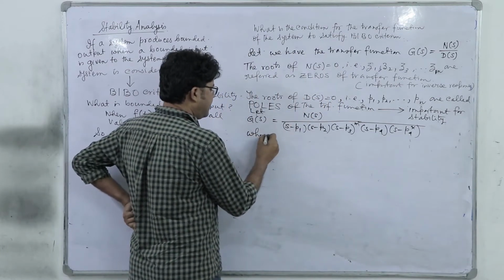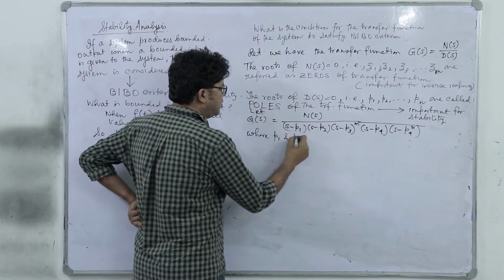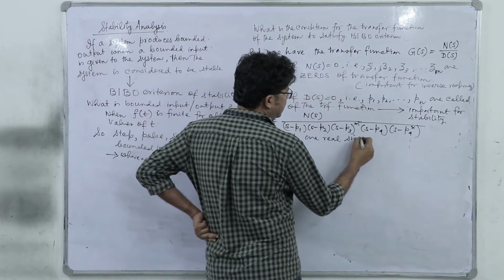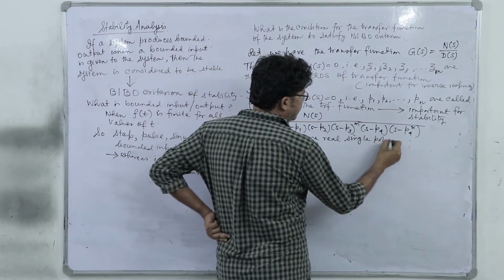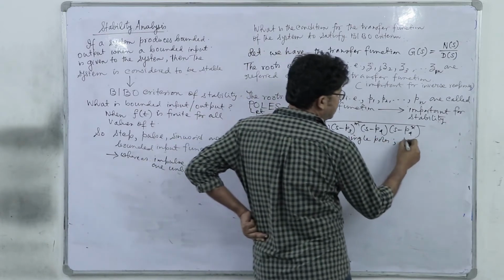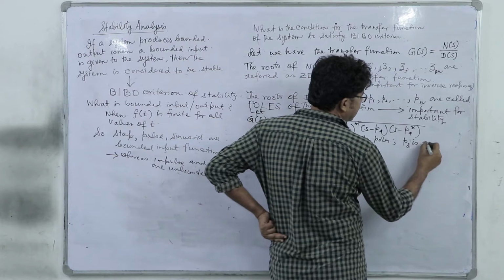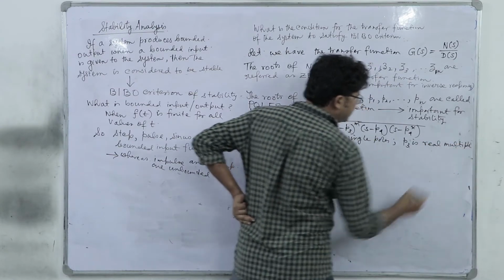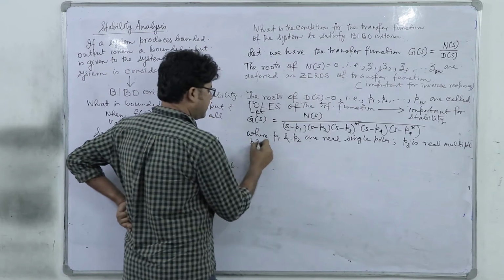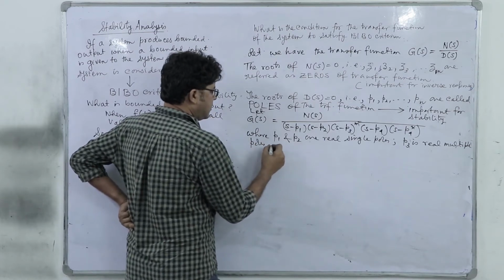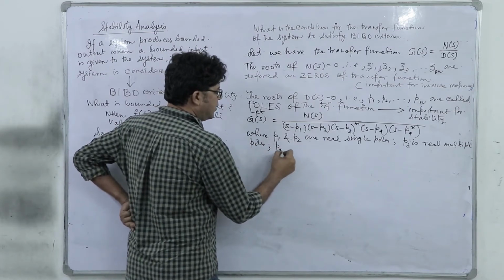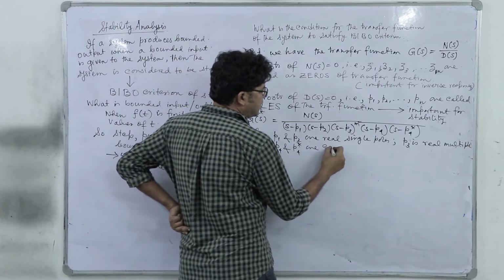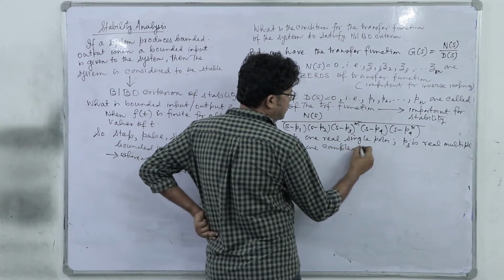Where p1 and p2 are real single poles, p3 is real multiple poles, p4 and p4 star are complex conjugate poles.